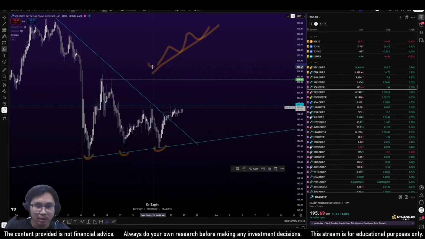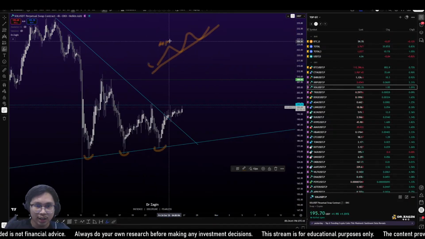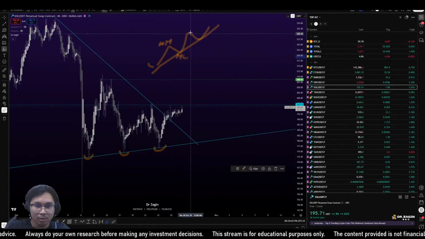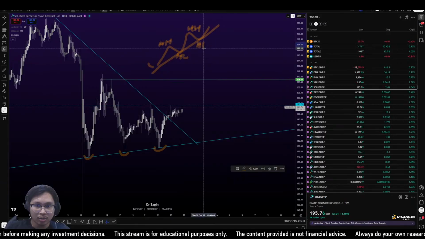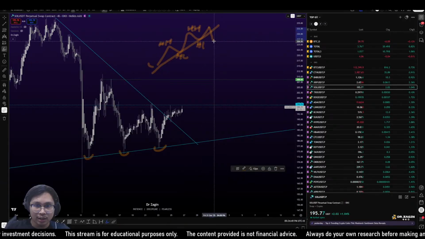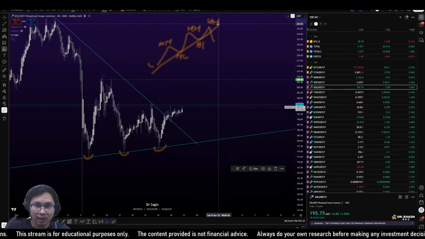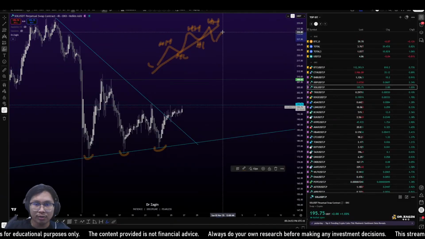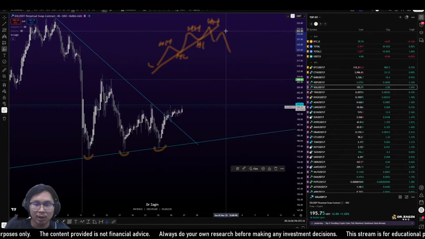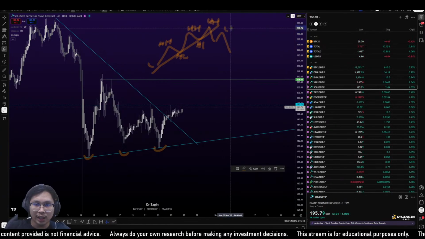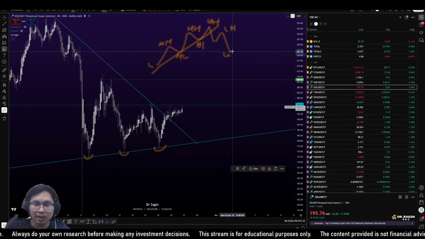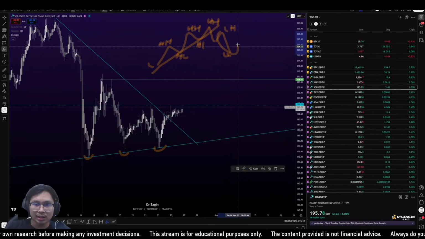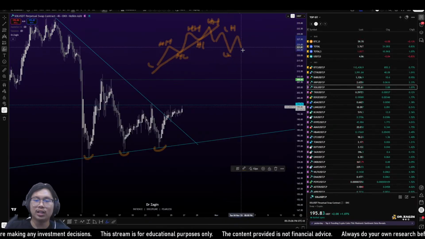This is low, higher high, higher low, higher high, higher low. But then, if the market shifts like this, it will become what? Lower high, and this is lower low.